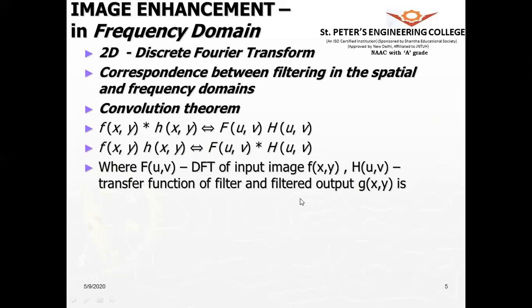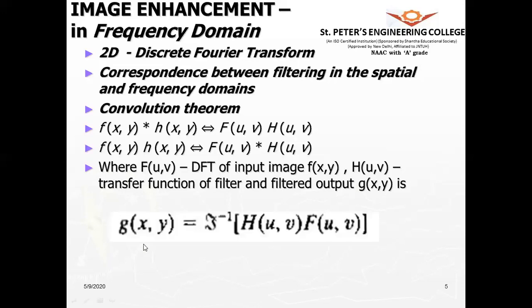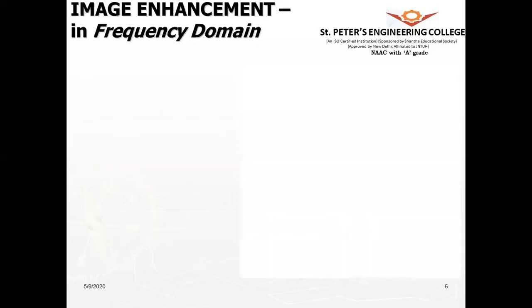And we represent g of x,y as the filtered output, and it is given by the inverse transform of the product of the Fourier transform of the transfer function and the Fourier transform of the input image. Okay, with that understanding, let us look into the frequency domain image enhancement.